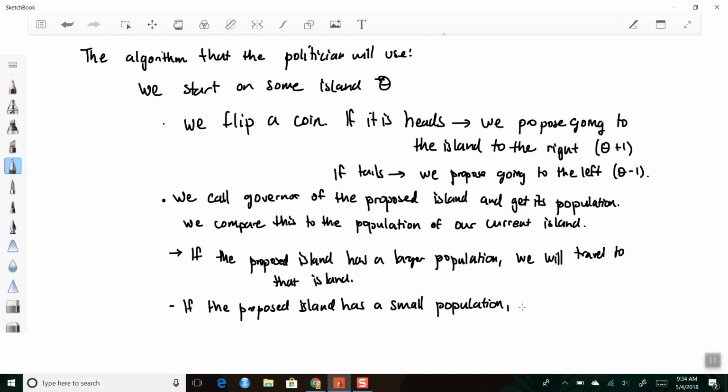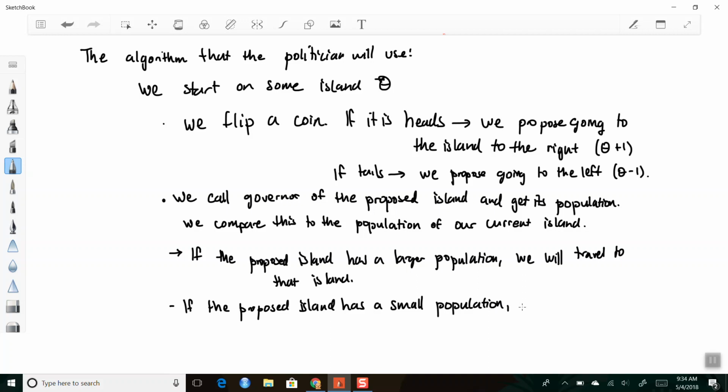On the other hand, if the proposed island has a smaller population, then we have to do a little bit of extra thinking. We don't want to say, all right, it's a smaller island, so we're not going to go at all. We do want to visit, but only relative to its size. So it's smaller, so we're not going to go there all the time.